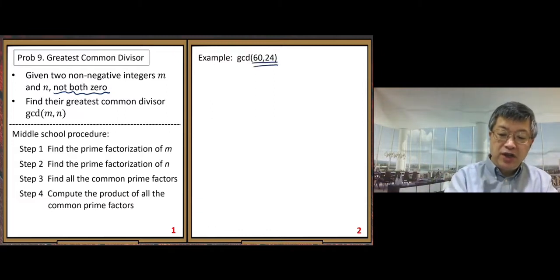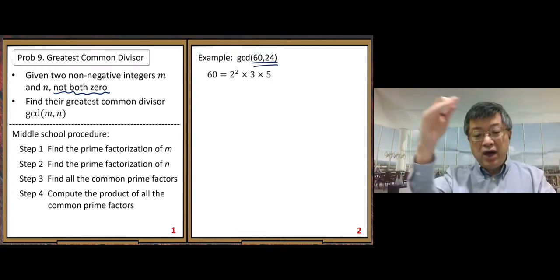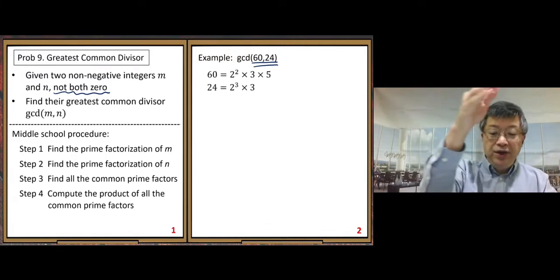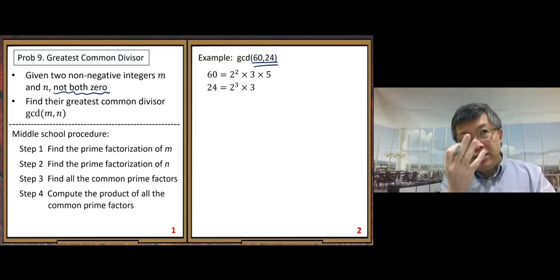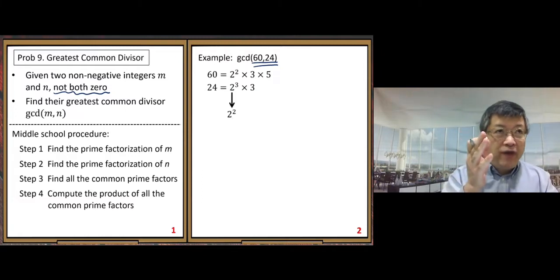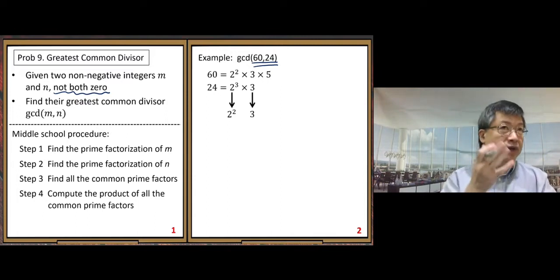GCD of 60 and 24. Prime factorization: the first one is 2 squared times 3 times 5. The second is 2 cubed times 3. Common prime factors, the largest possible common factors: factor 2, 2 squared. Factor 3, 3.